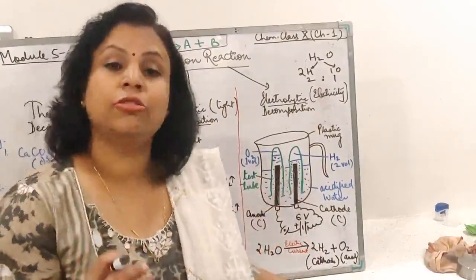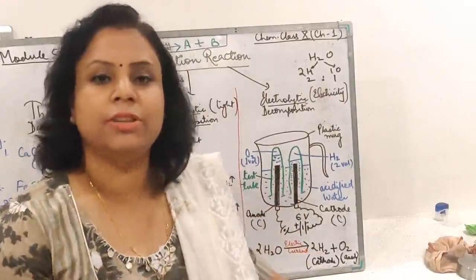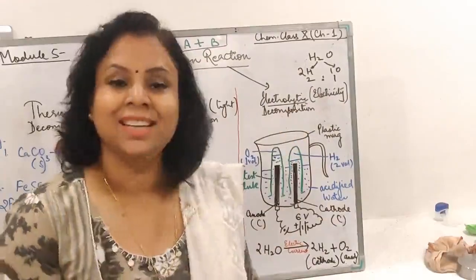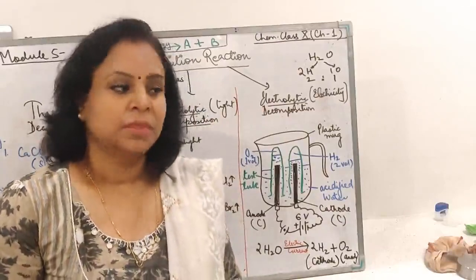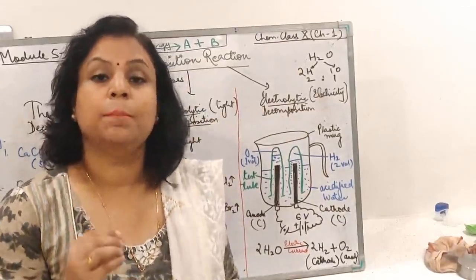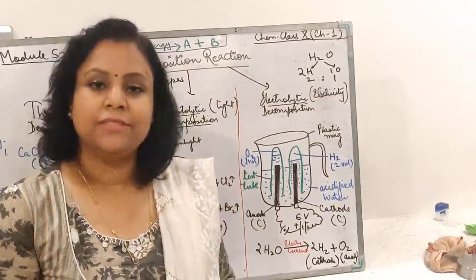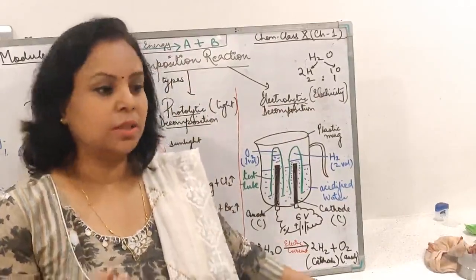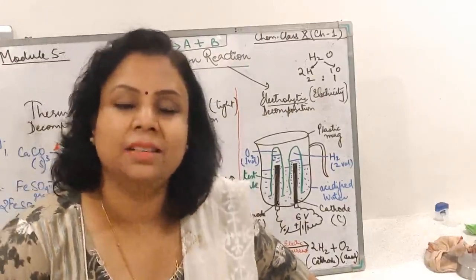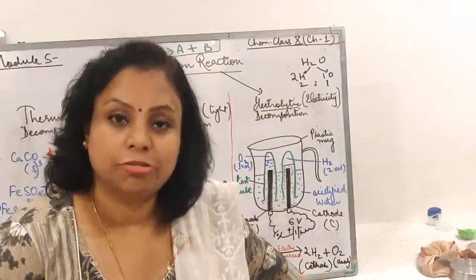Now the electrolyte over here has to be water because we are discussing electrolysis of water. But children, water is a poor conductor. We have studied that pure water or distilled water is a poor conductor of electricity.